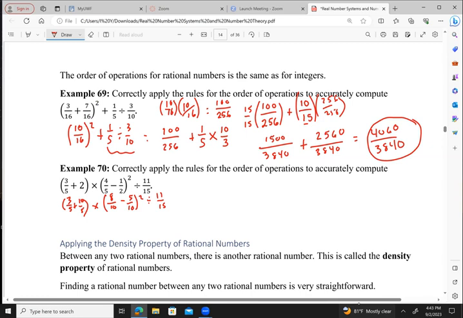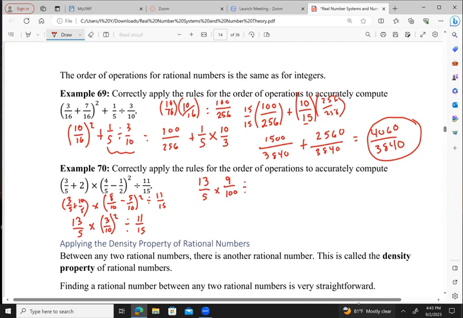So this is going into parentheses. I have 13/5 times, and here is 3/10 squared divided by 11/15. So squaring my 3/10, I get 3 squared over 10 squared, 9 over 100.